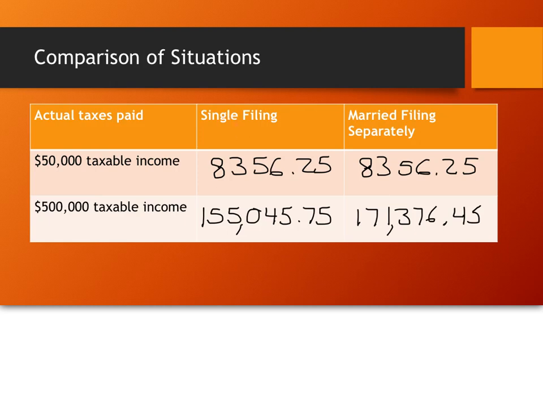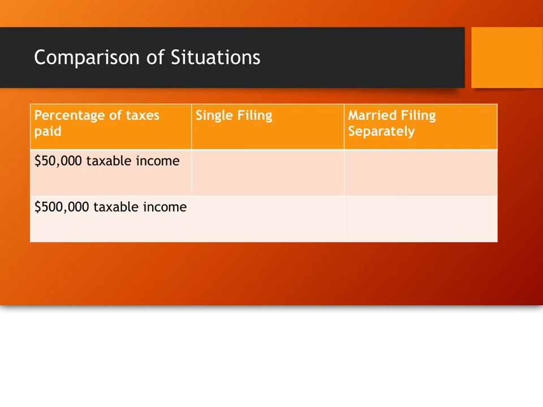However, there is a significant difference at $500,000. Marriage induces about $15,000 to $20,000 worth of extra taxes you'd have to pay the government. So to be married in this situation would cost you a lot extra.